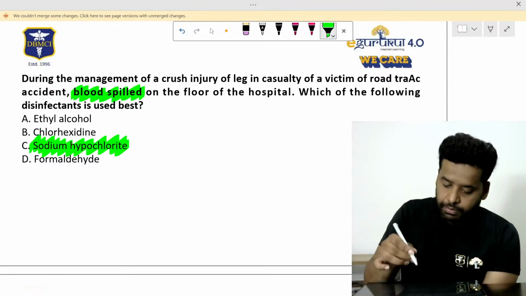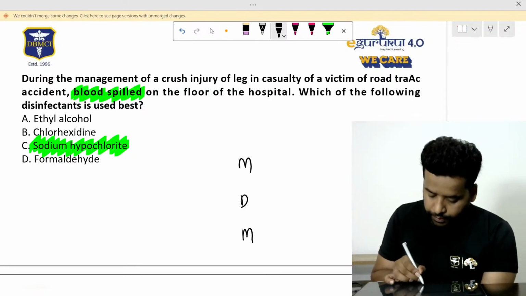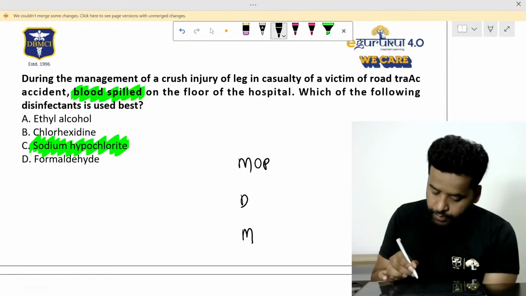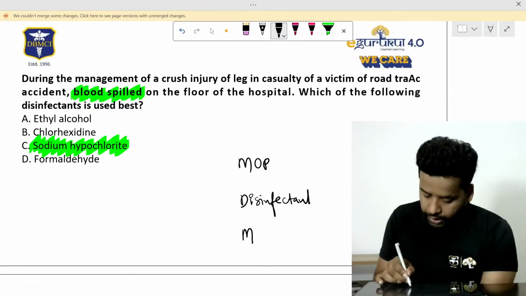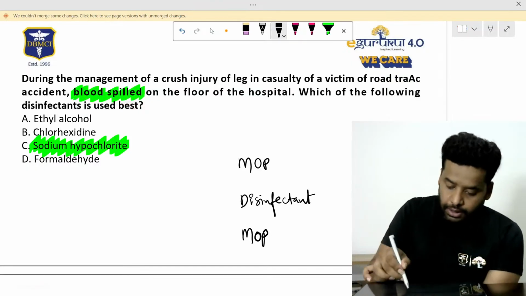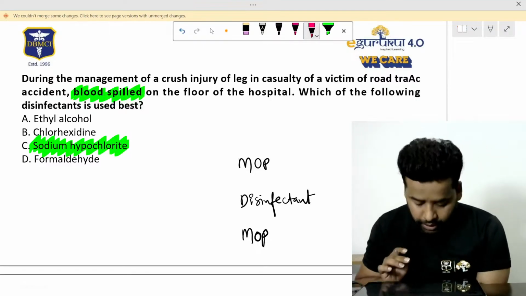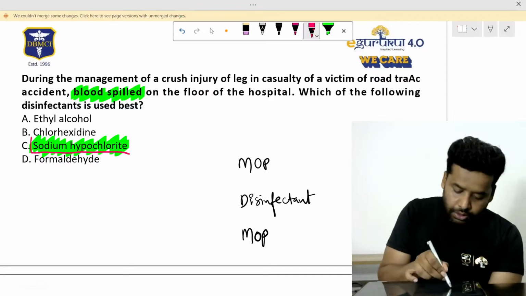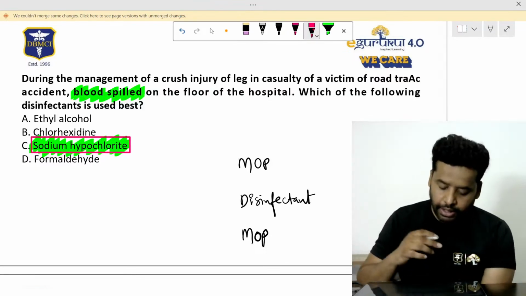What I say is the mnemonic midday meal: first we mop, then we use disinfectant, leave it for around 10 to 15 minutes, then again we mop it.